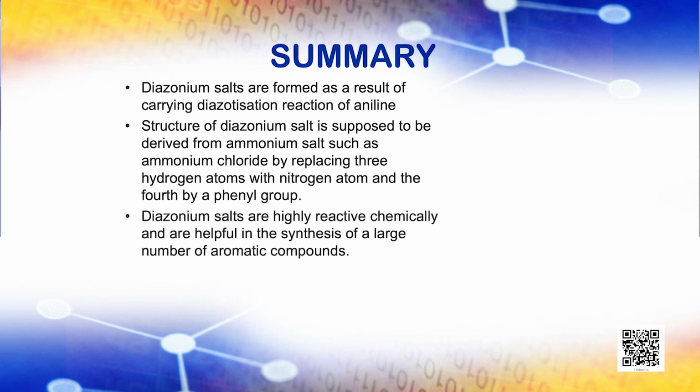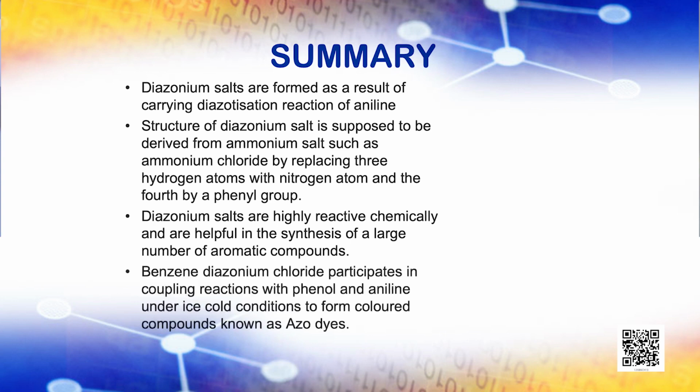Diazonium salts are highly reactive chemically and are helpful in the synthesis of a large number of aromatic compounds. Benzene diazonium chloride participates in coupling reactions with phenol and aniline under ice-cold conditions to form colored compounds known as azo dyes.